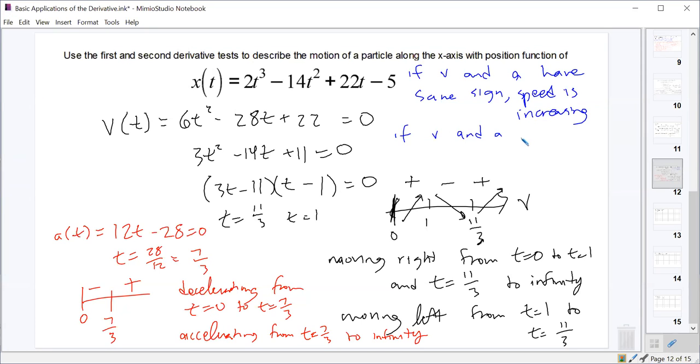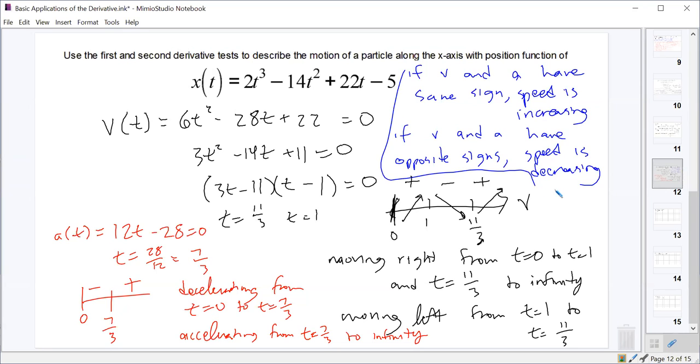And if velocity and acceleration have opposite signs, then the speed is decreasing. But that's specifically speed, right? Not velocity. Speed is the absolute value of the velocity. So based on speed, what you're saying is correct, but based on velocity and acceleration, it's not.